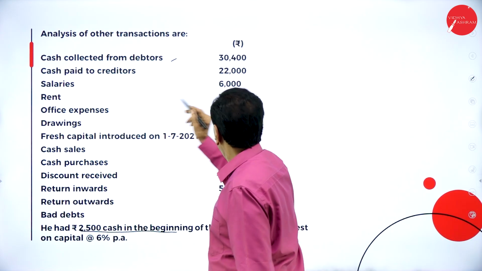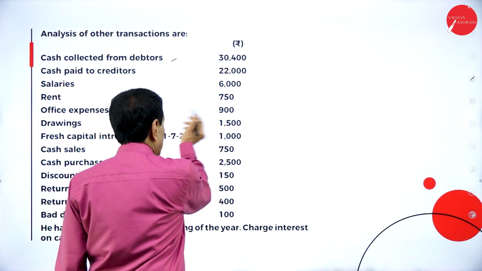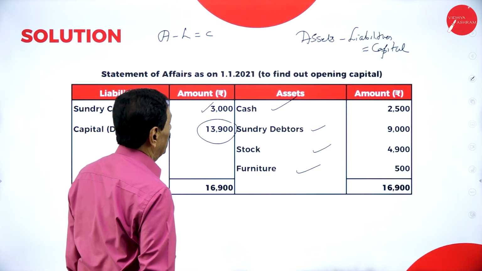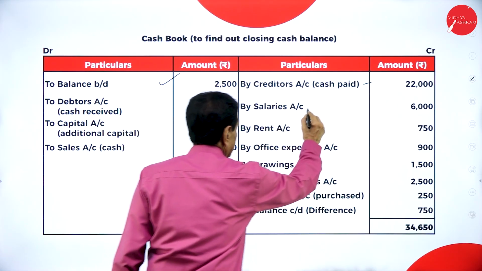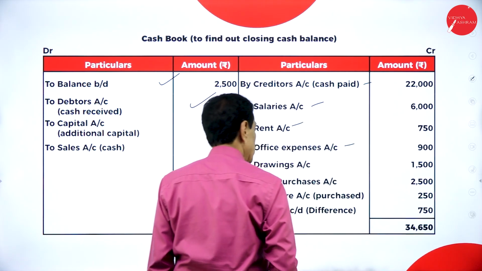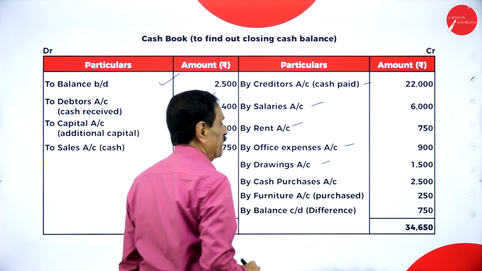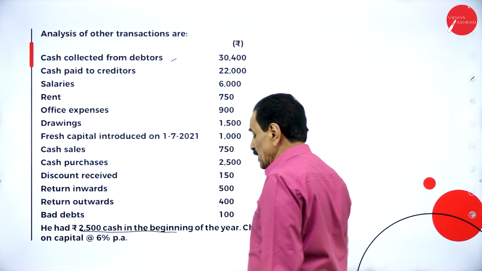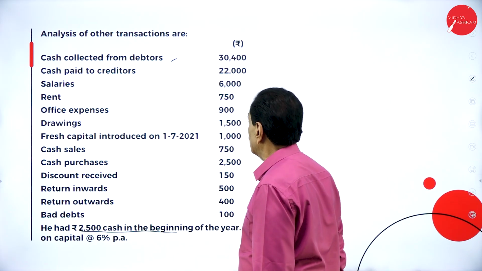Then come back here. You paid the salary. You paid the rent. You paid the office expenses, you paid the drawing. All will come here. We paid the salary, we paid the drawing, we paid the office expenses, drawn from the owner 1,500, cash account will be reduced. Then fresh capital introduced means the capital is coming, addition capital, debit entry.